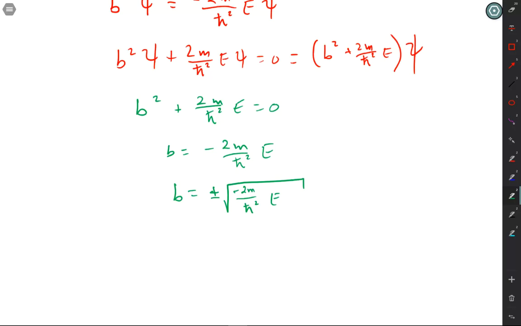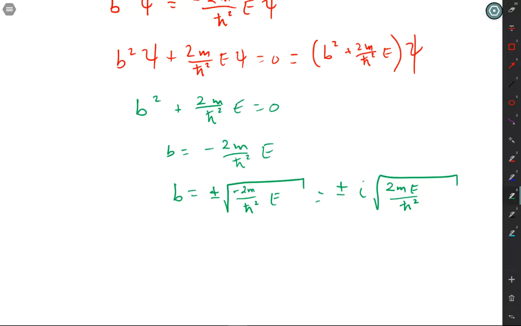But the energy is greater than 0. So if everything in here is positive and we have a minus sign, what do we do mathematically now that we're no longer in grade school? We use i. Square root of minus 1 is i. So this is equal to plus or minus i square root of 2me over h bar squared.